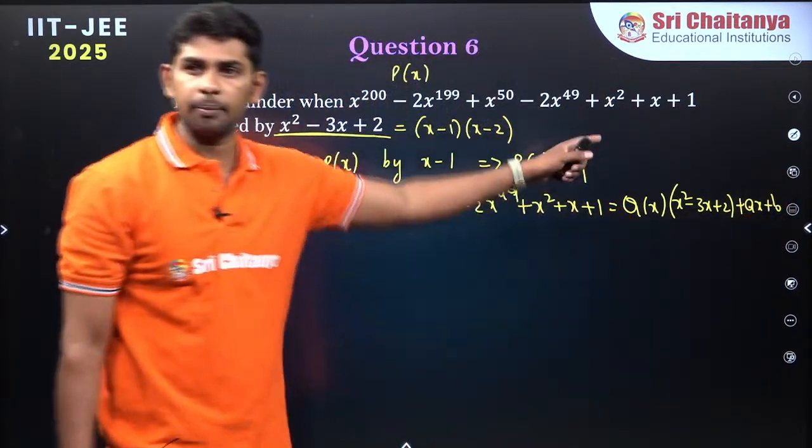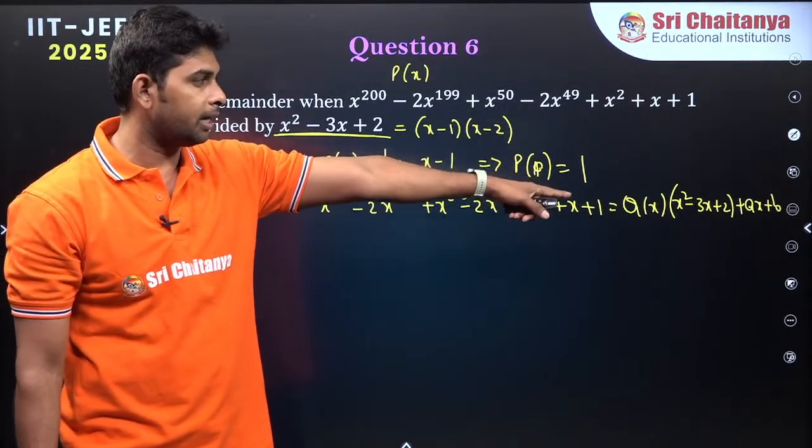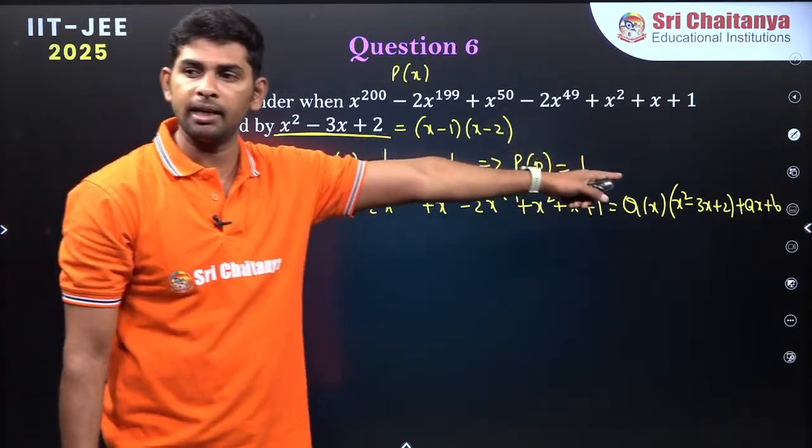So are you able to see that part there? ax plus b we are taking as the remainder because it is going to be linear, right?